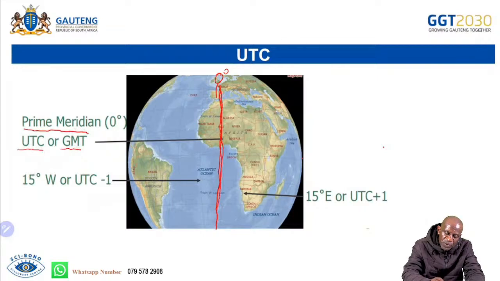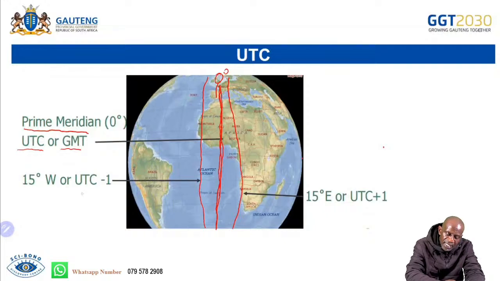As you move from this 0 degrees towards the west, there is a line of longitude, and towards the east also there is a line of longitude.